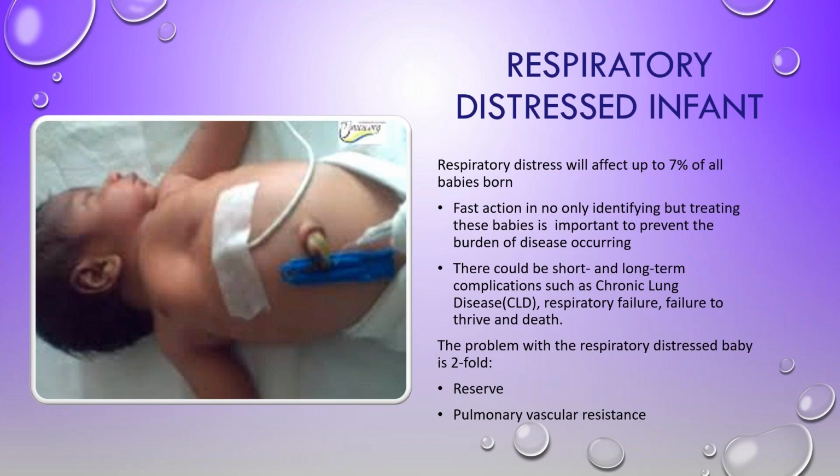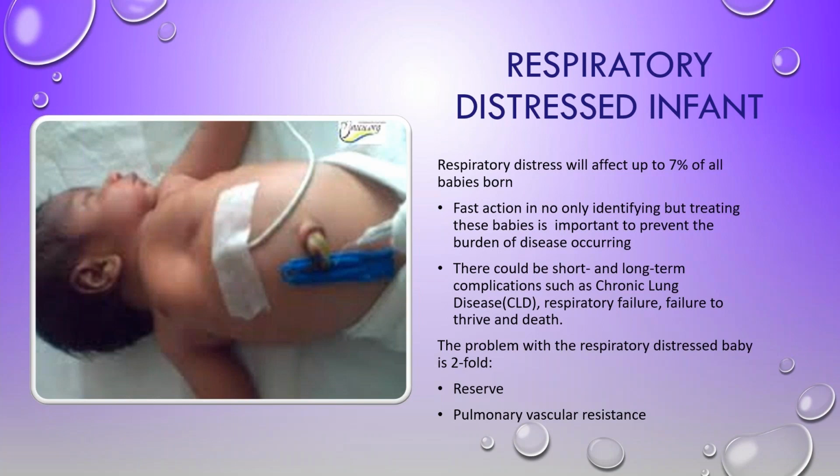There could be short and long-term complications such as chronic lung disease or BPD, bronchopulmonary dysplasia, which is basically baby COPD, respiratory failure, failure to thrive and death. The failure to thrive comes because these babies cannot take in sufficient energy to maintain their workload of breathing.